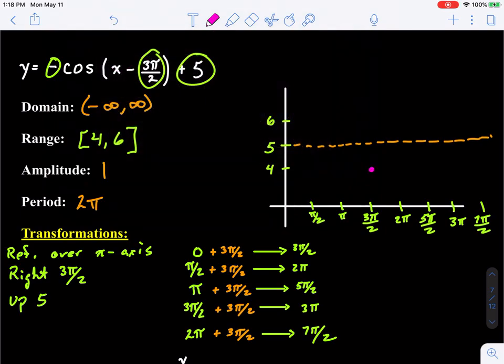Once you've got that starting point, it's really pretty easy from there. From there, you're going to go to the central axis, then to the high point, back to the central axis, and then to your low point. And sketch it as a curve, not a sharp V. So that's what your curve would look like.